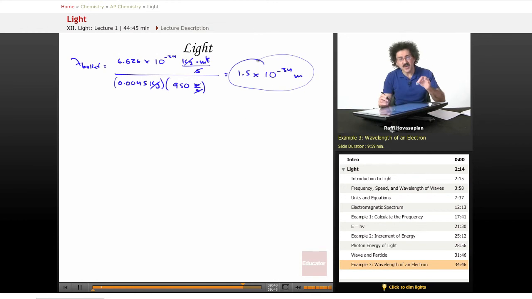The reason that we don't actually experience that wavelength, or some of the properties associated with it, is because the mass of the bullet is so big and this is so immeasurably small that it goes virtually unnoticed. However, it goes to show that a particle does have wave-like behavior, just like a wave, which is pure energy, has particle-like behavior.